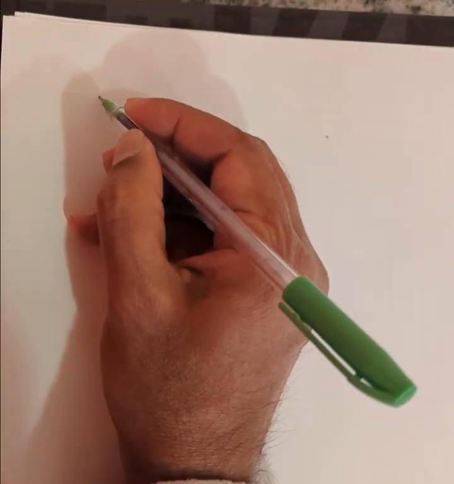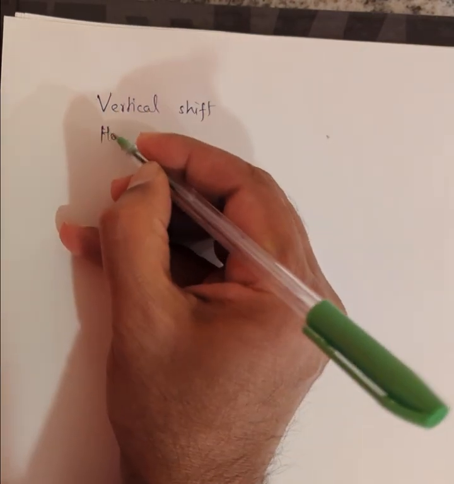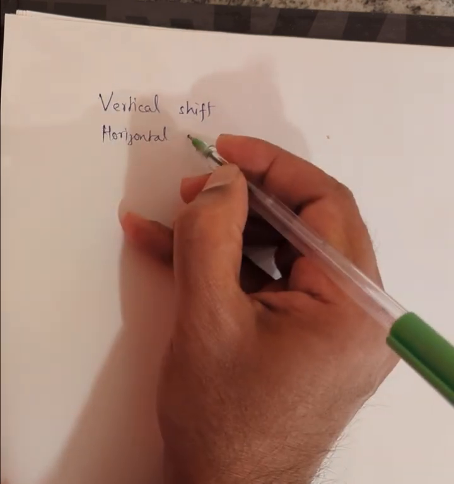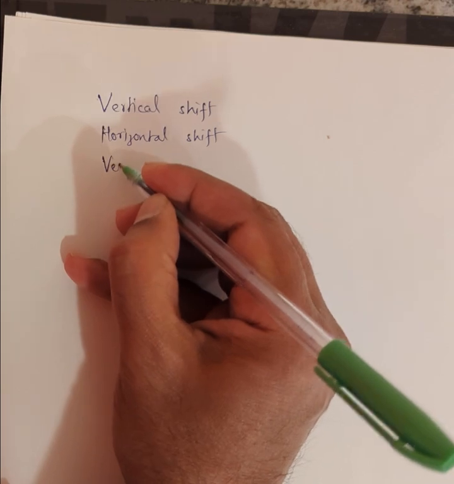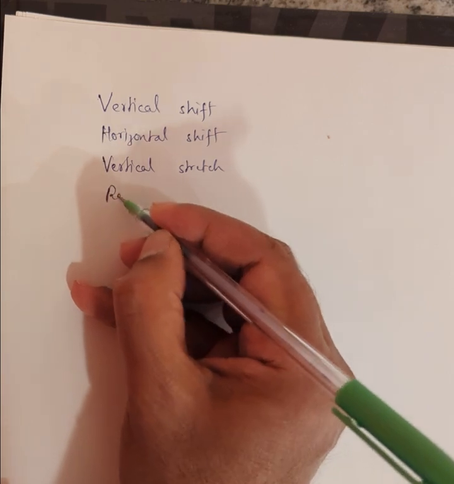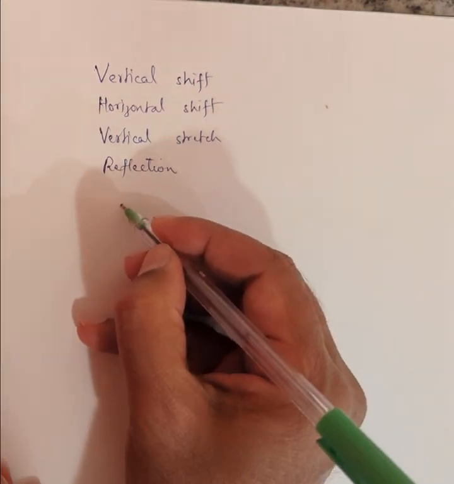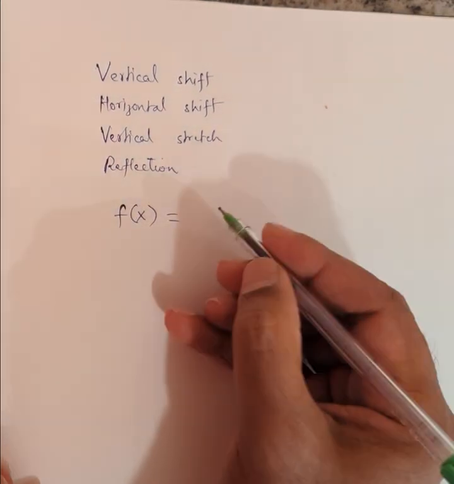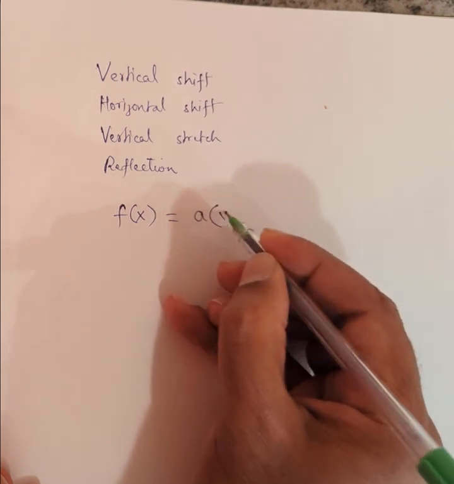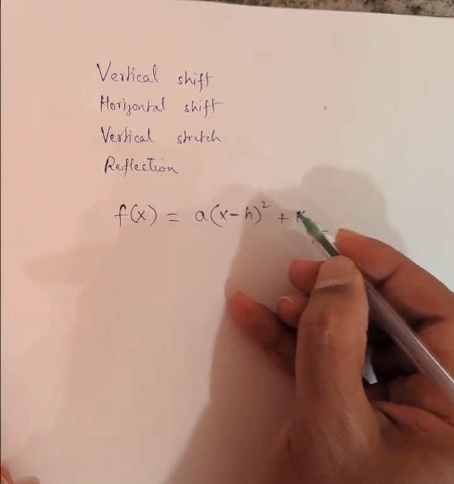So to summarize, we looked at 4 transformations: vertical shift, horizontal shift, vertical stretch, and reflection. And then we looked at what a quadratic function might look like in this form.